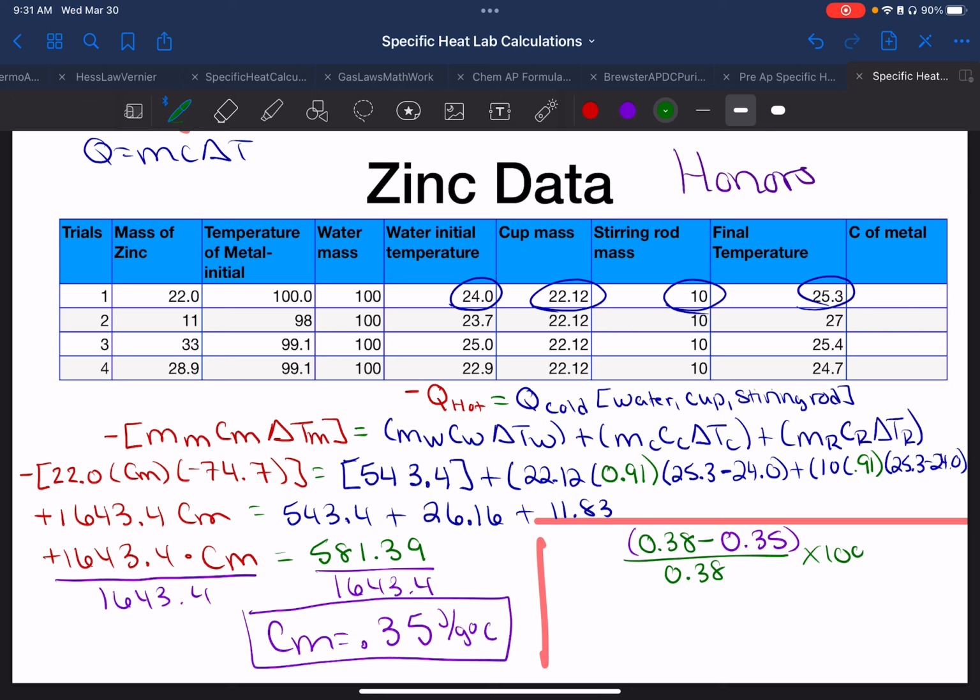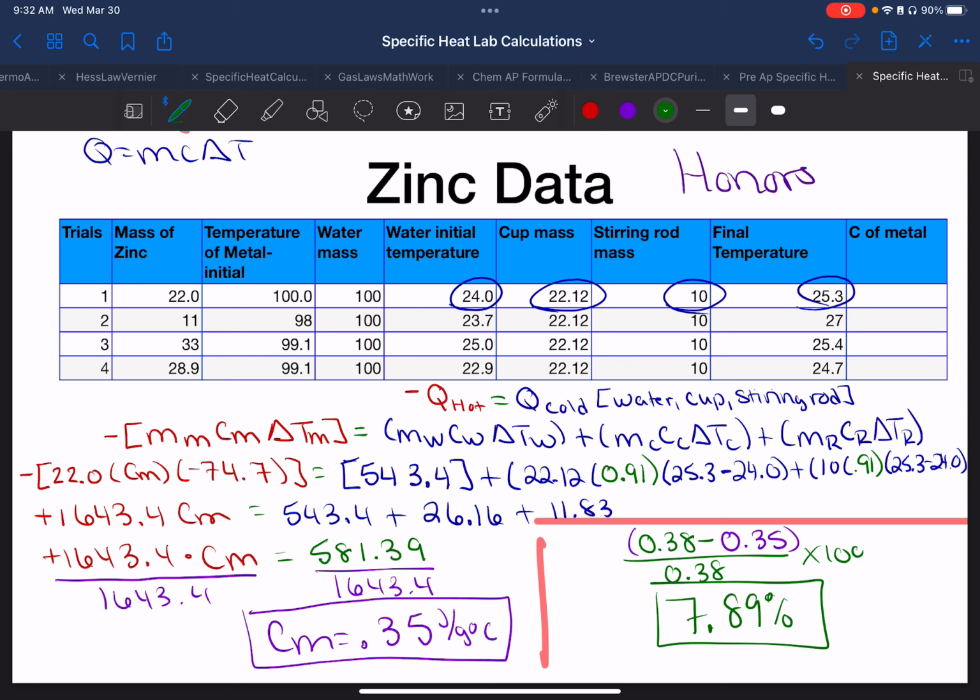All right, 0.38 minus 0.35. And this time we're going to get 7.89% error. So for you guys, that should help.